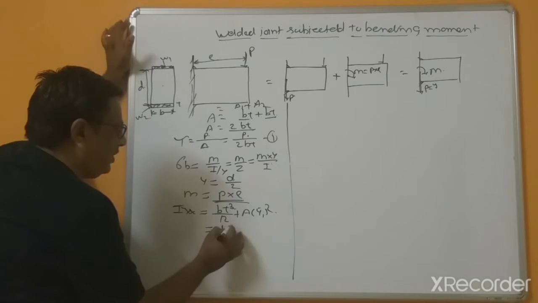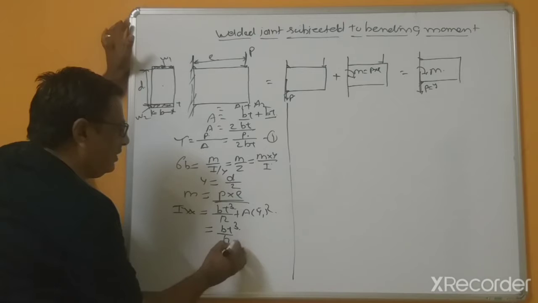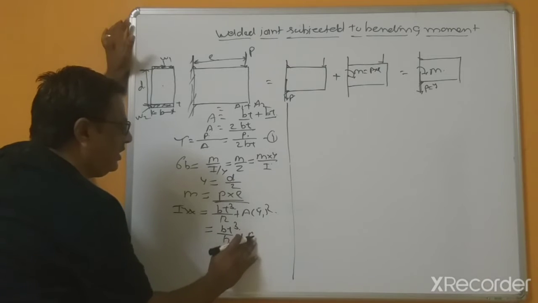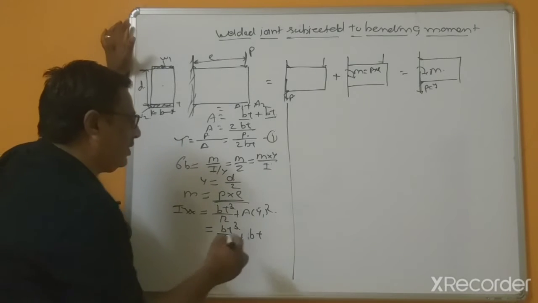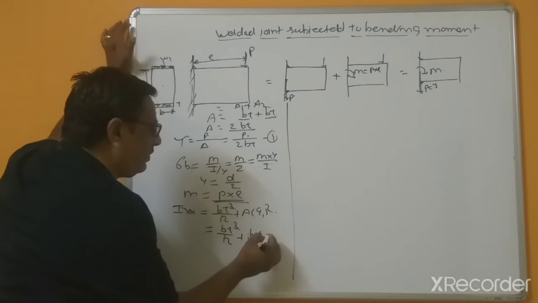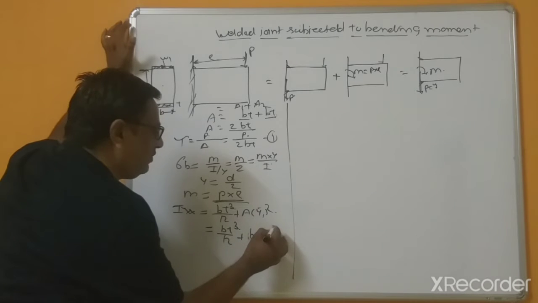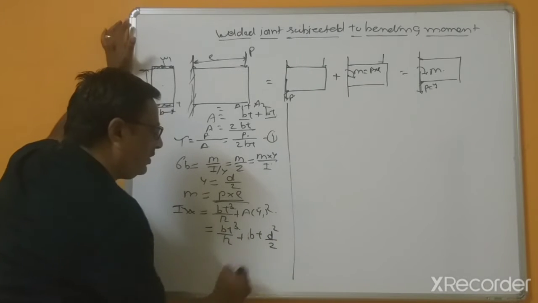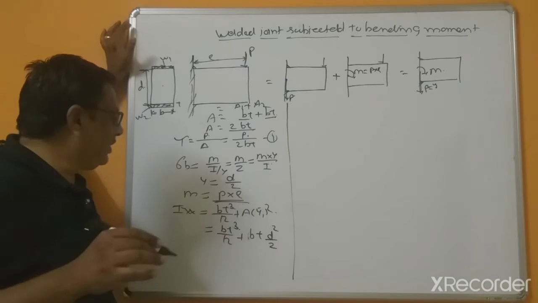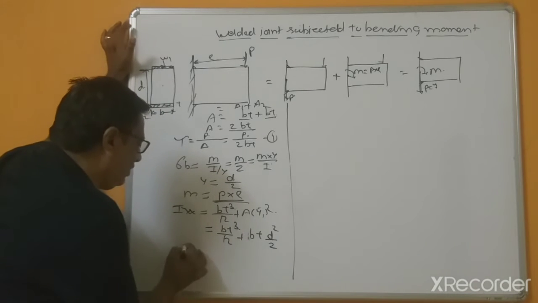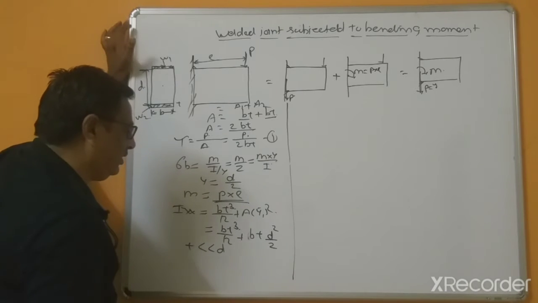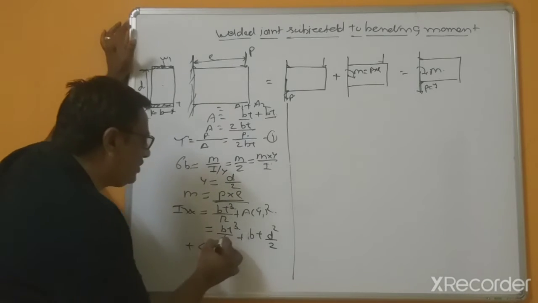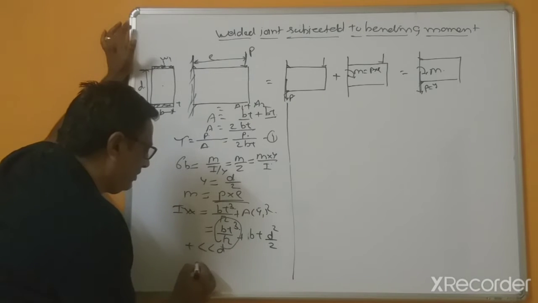So we can write bt cube divided by 12 plus area bt, for one weld, times d squared divided by 2. Now since t is so small as compared to d, the first term is neglected.